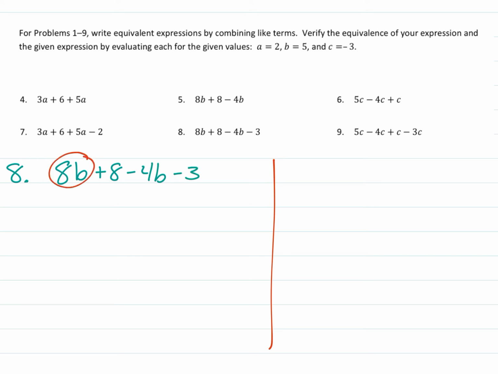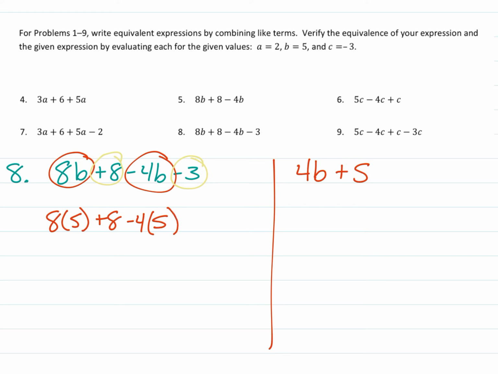In problem 8, b and b are both variable terms, and these two are number terms. 8 minus 4 leaves you with 4b, and 8 and negative 3 gives you 5. B is getting replaced with a 5. Anytime you see a B, you replace it with a 5.